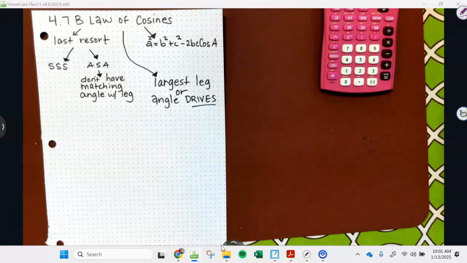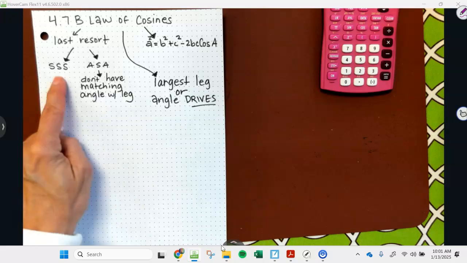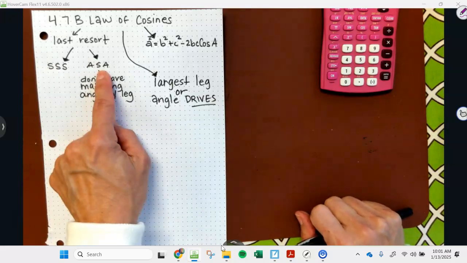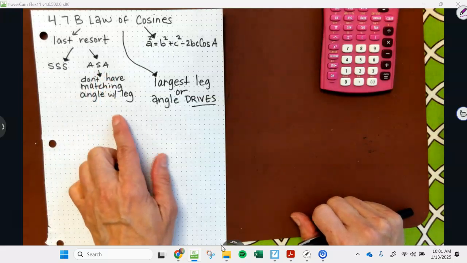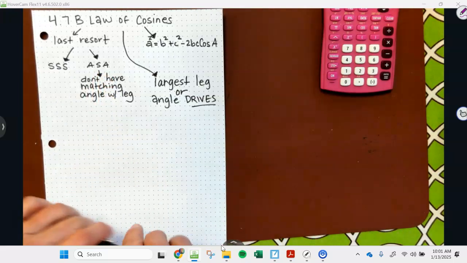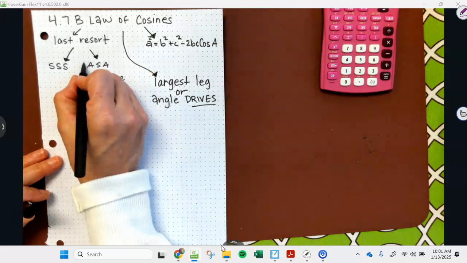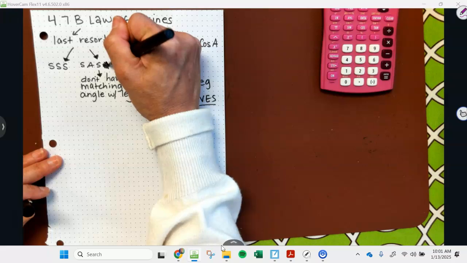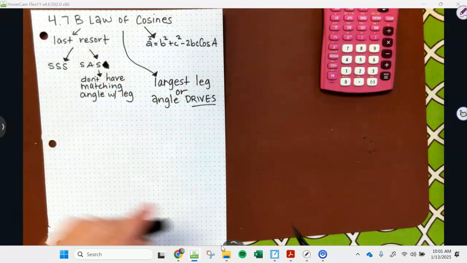We're going to go through 3 examples. 2 examples are going to be side, side, side. The last one is going to be angle, side, angle. Actually, I apologize, I wrote that wrong. That should say side, angle, side.